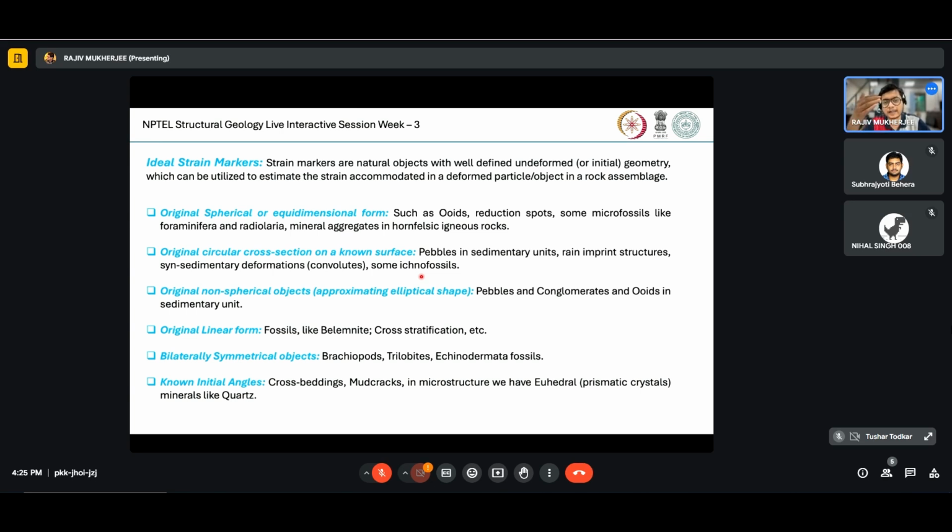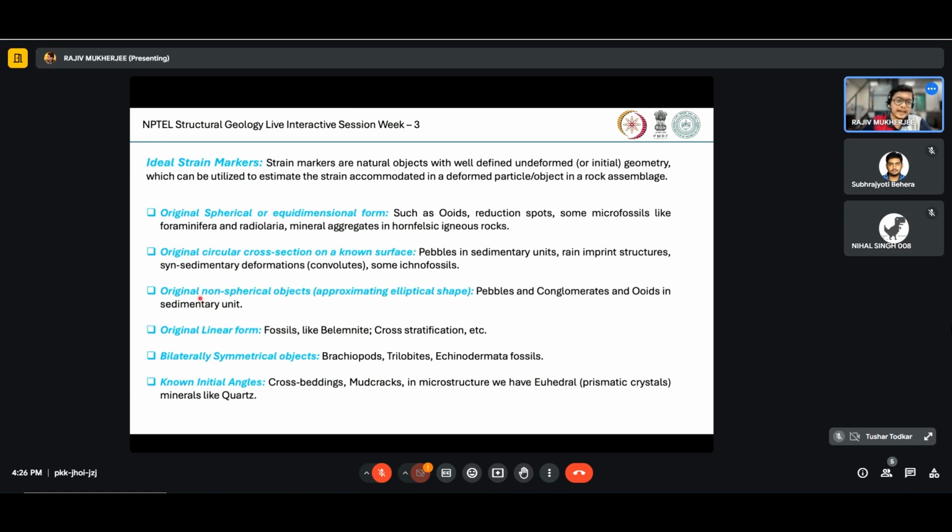So if we cut a sedimentary unit perpendicular to its bed, we can expect to get the full burrow structures or the ichnofossils. Now, due to some sort of deformation, this burrowing structure may be interrupted or even get broken. These kind of things can happen, and based on these interpretations, we can estimate how much strain has taken place.